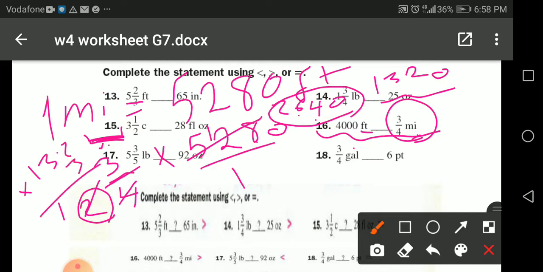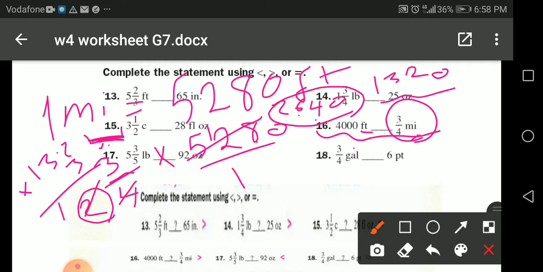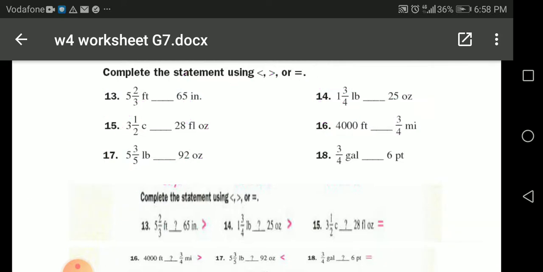I write it for you to make sure we do this in our exam. 3 times 0 is 0, 3 times 2 is 6, 3 times 3 is 9, and 3 times 1 is 3. So here 3,960. Which is greater, guys? Here 4,000 is greater. Very easy and very interesting, right?